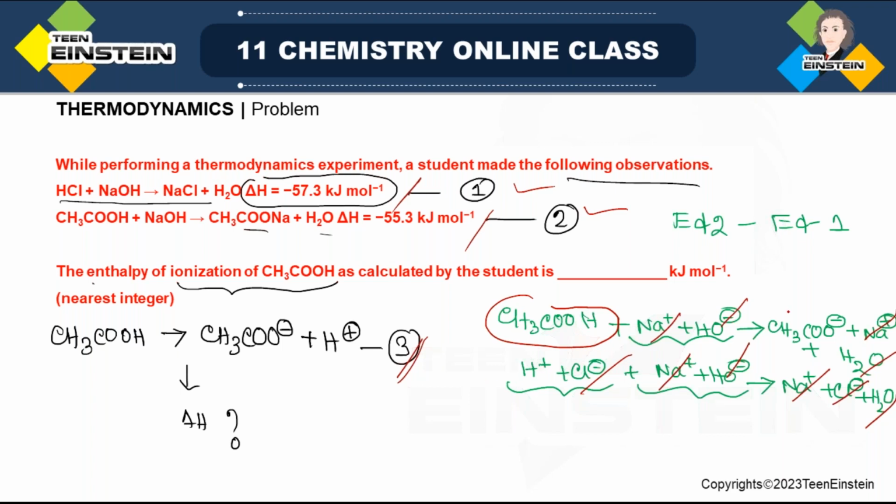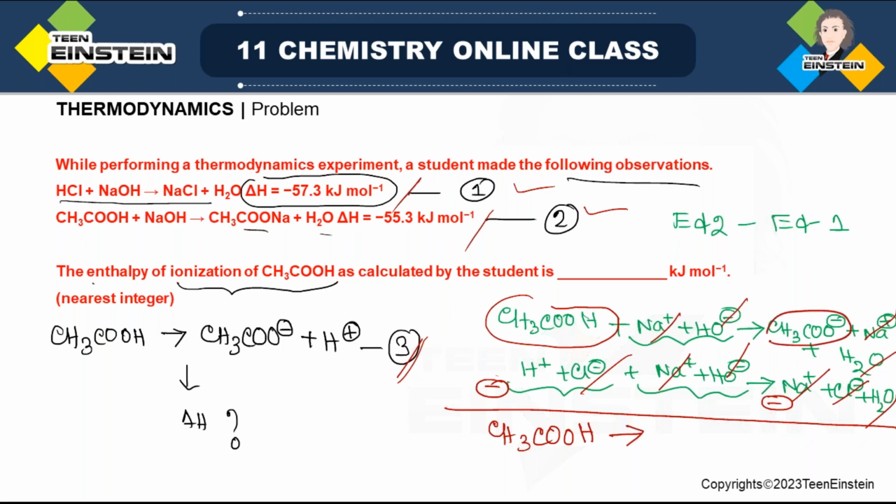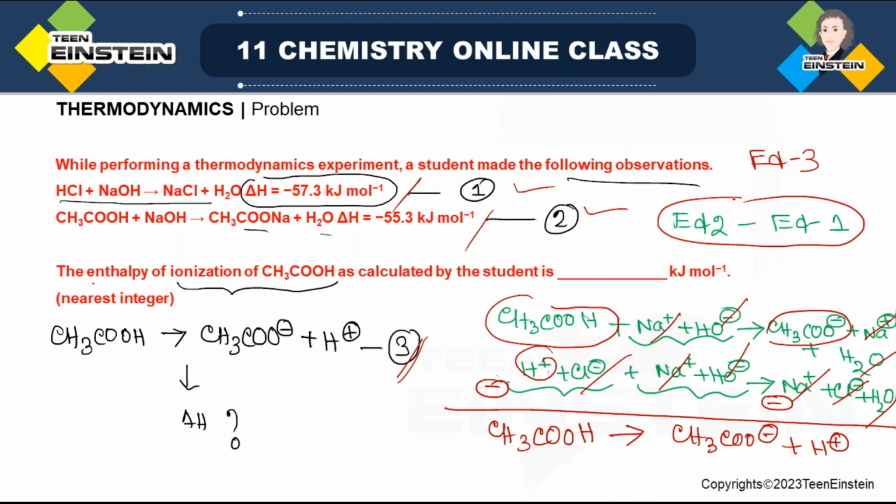Then on the left hand side you also have H plus, but remember there is a negative sign. You are basically subtracting. So the final equation, if I write, on the left hand side I will write CH3COOH. On the right hand side, acetate, and also this H plus, as it is negative, I will write on the right hand side. So basically you are getting equation 3 when you do this subtraction.